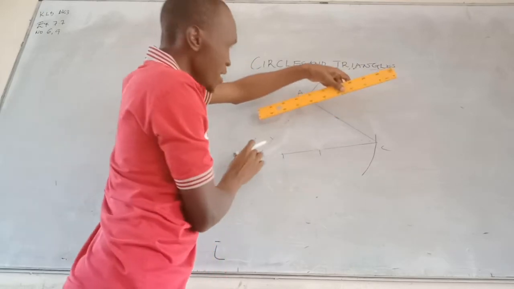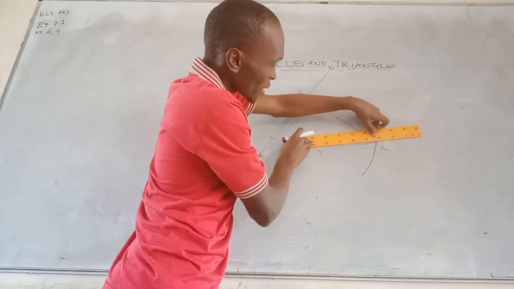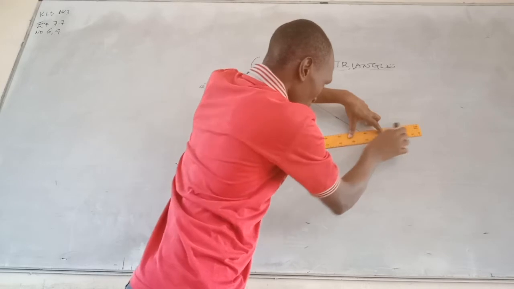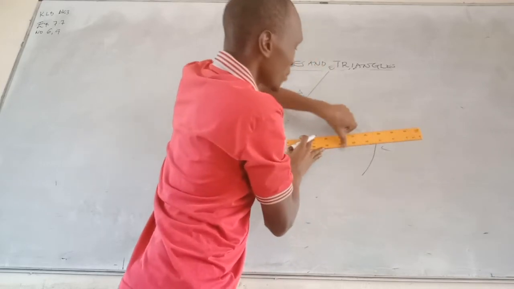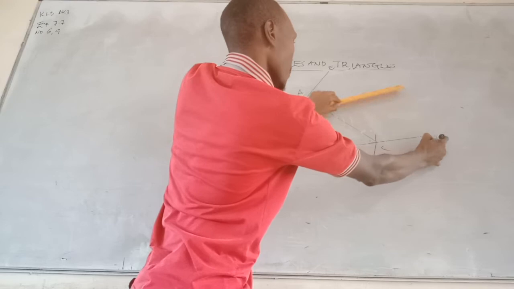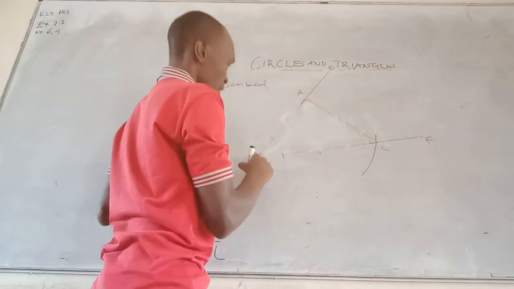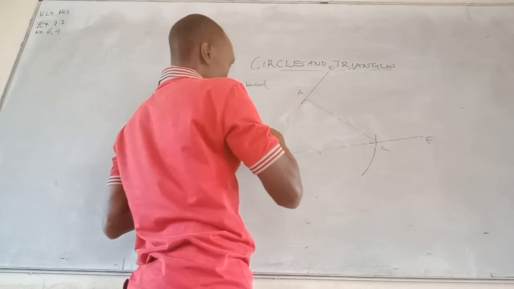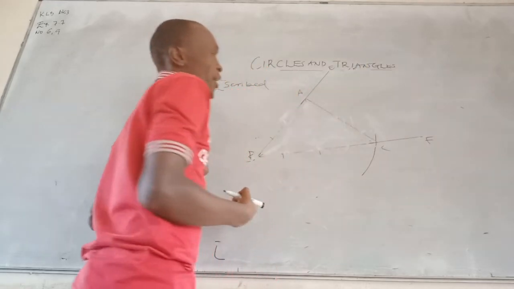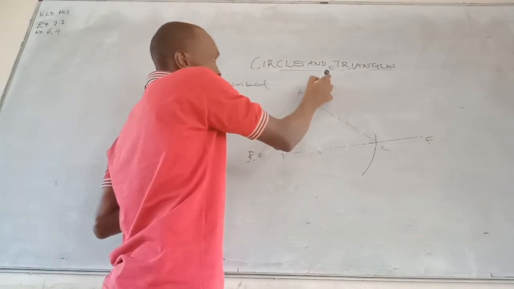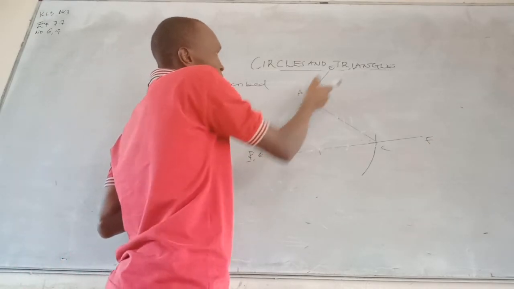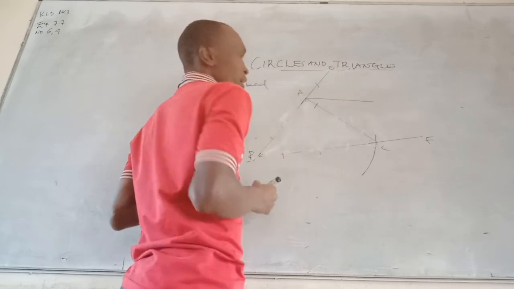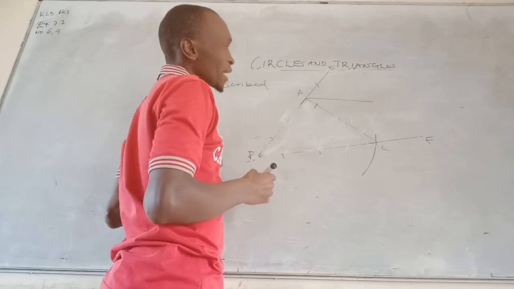Then I have BC. I produce this line. I maintain it in this direction like that. So it becomes, say, F. So I have BC produced to F and BA produced to E. Now, the first thing you need to do is to bisect this angle EAC, so that you have your bisecting line like that.